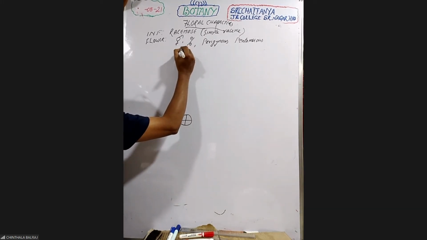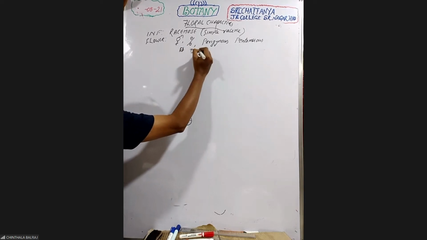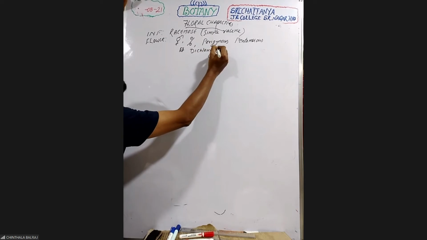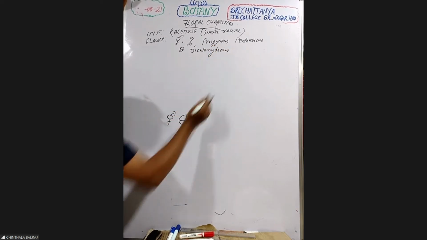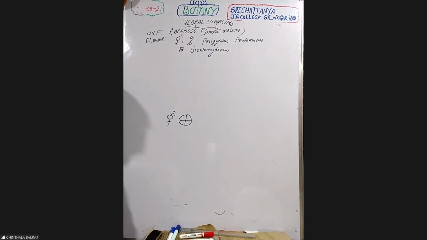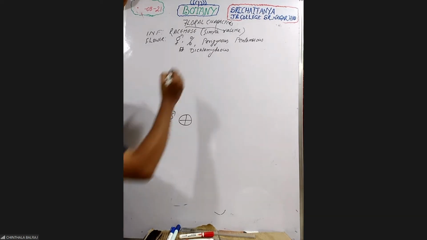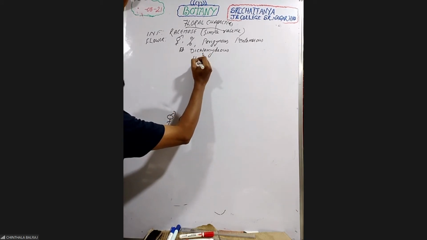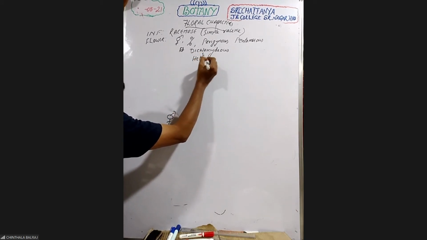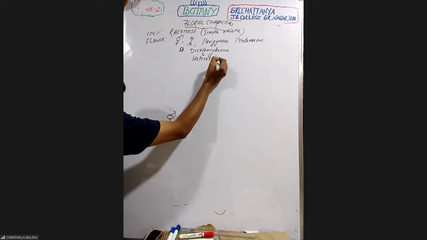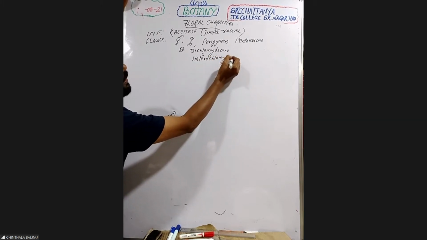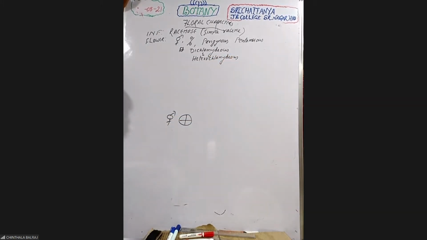They are diclamydous, arranged in two whorls, and differentiated into outer calyx and corolla. Hence, heterochlamydous. This word heterochlamydous is related to dicot families.